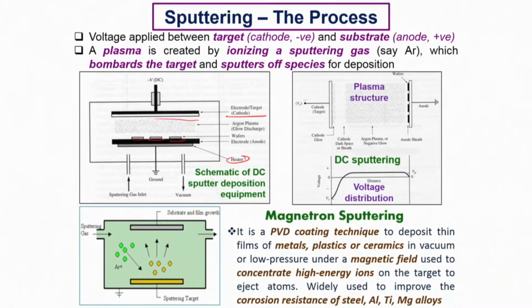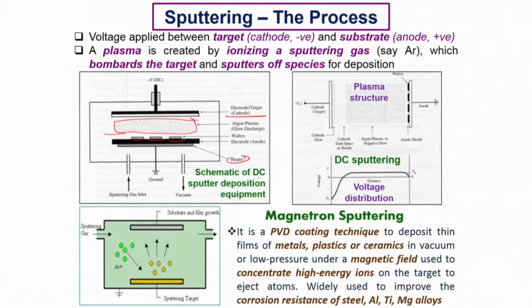So this argon plasma that you create covers the entire distance in between except thin layers, some kind of a sheath, which is devoid of a very high density of these ions.